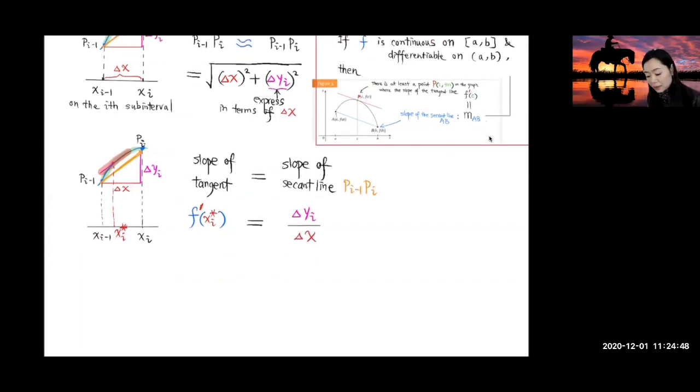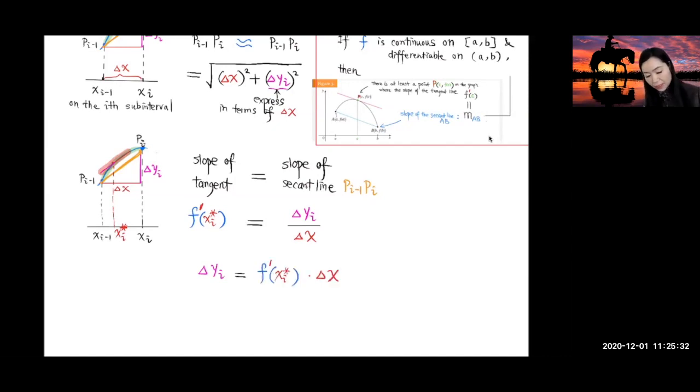Now remember, we are trying to express this delta y_i in terms of delta x. So over here, let's express delta y_i in terms of delta x by multiplying delta x on both sides. So now we got delta y_i is equal to f prime of x_i star times delta x. Now let's substitute this back.